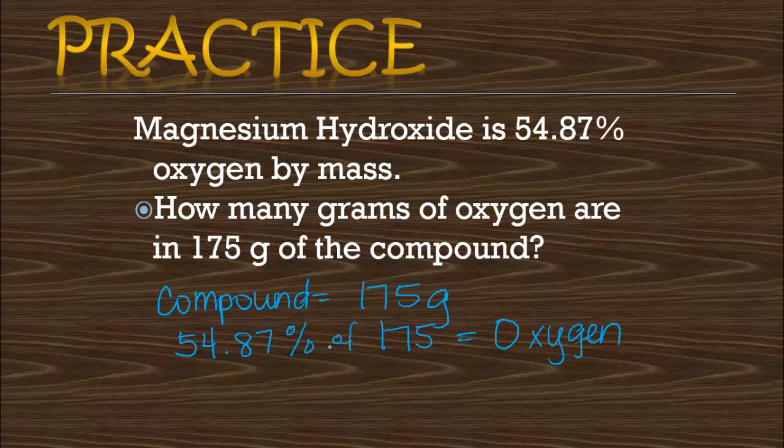So when we look at this, we change this into 0.5487, and then of means to multiply. So what I've done is I've taken the percent, so I take 0.5487, multiply it by 175, so I know I have 96 grams of oxygen.